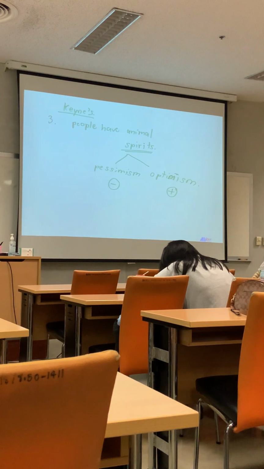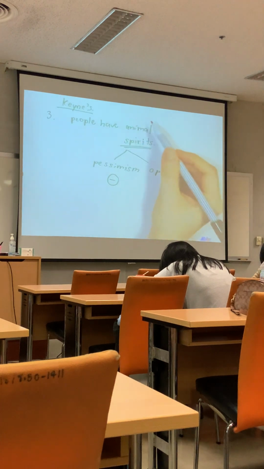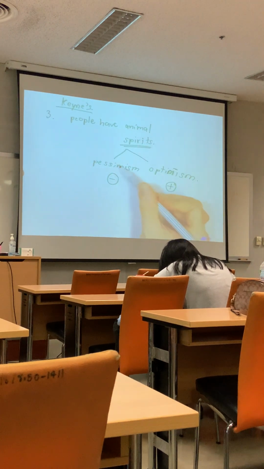But if you are optimistic, you are thinking positively. Because we are human, we always have animal instincts or animal spirit, meaning that we always think good and bad about some ideas. And because people have animal spirit, we always think good and bad about the economy.